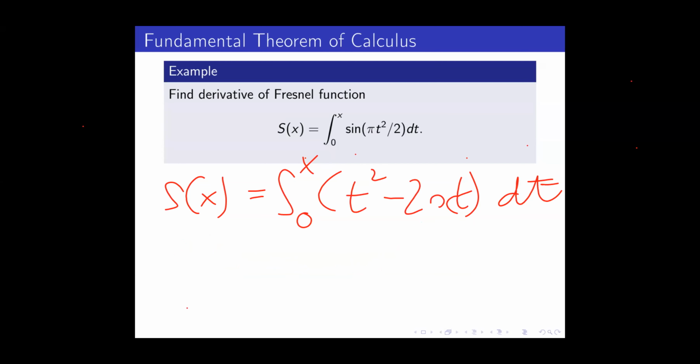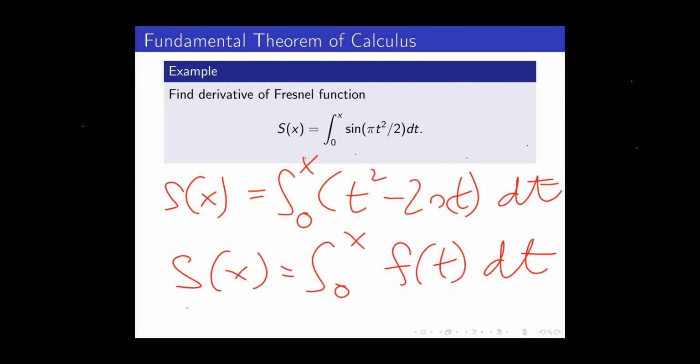The way we define the function S, to apply the fundamental theorem, it is the integral from 0 to x of f(t) dt. See, there is no x in here. This can only be a function of the variable t. Is that clear? In here you have x. So you cannot directly apply that theorem.